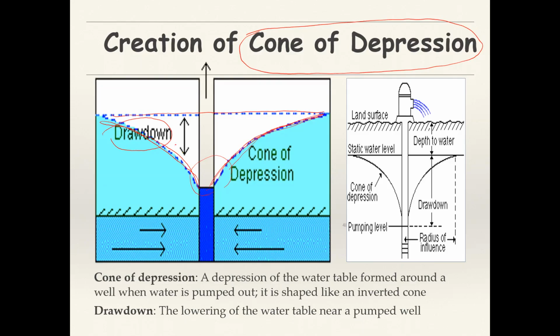So this is the drawdown, right? The drawdown decreases as you go away from the pumping well, right? So the cone of depression is a depression of the water table formed around the well when water is pumped out. It is shaped like an inverted cone. That is why it is called the cone of depression.